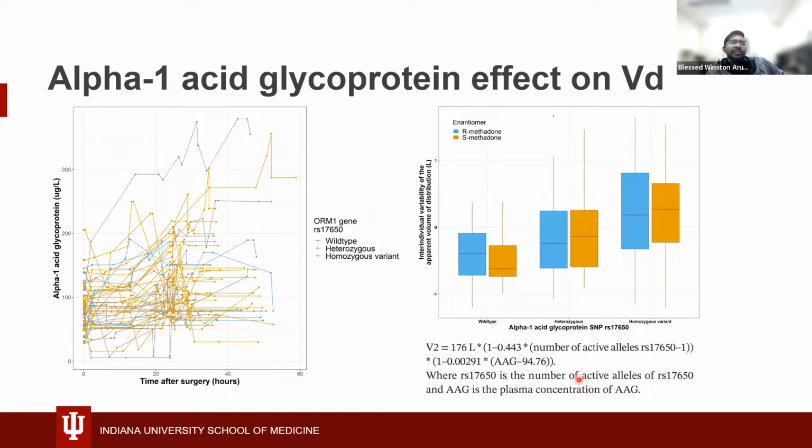The second question is about other drugs which bind to alpha-1 glycoprotein. I did check this. I can't remember that there was anything on the list which binds to alpha-1 glycoprotein. Even if there is one, I'm not sure whether there is saturation of the binding sites that reduces the binding of methadone to alpha-1.